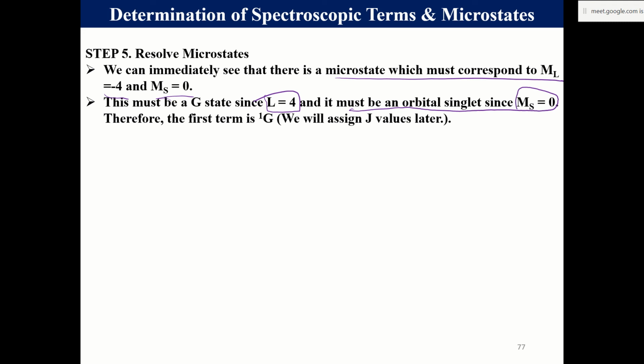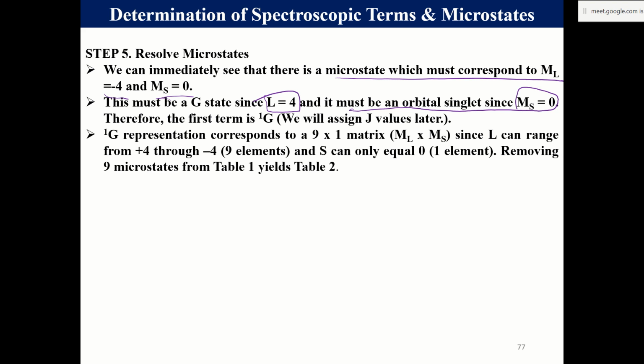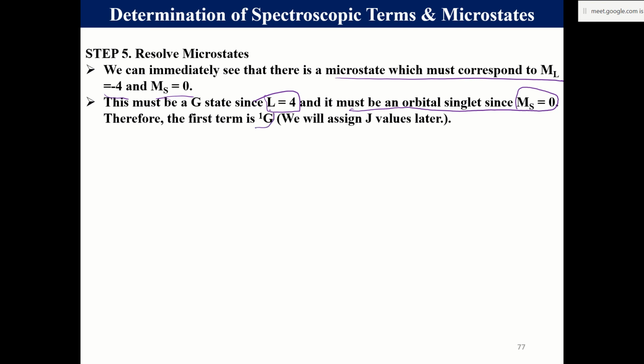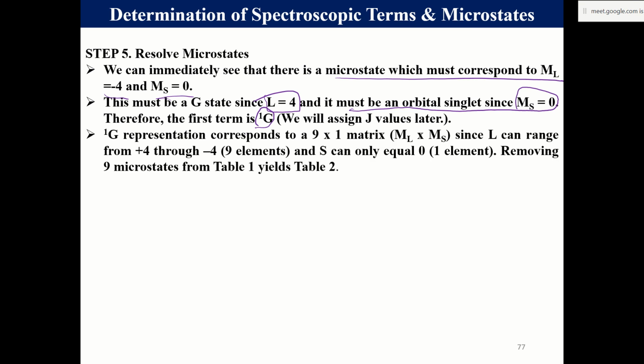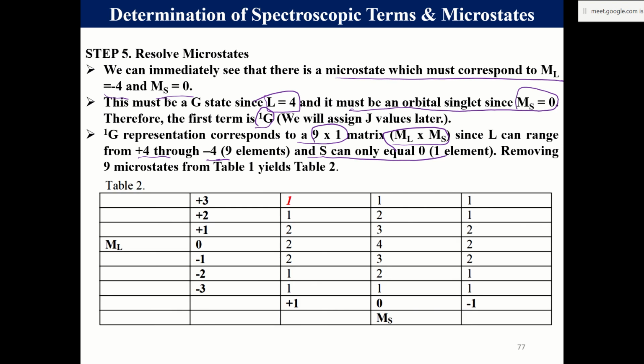So we assign this 1G, with the 1 as a superscript representing the multiplicity, and you will get the 1G representation as a 9 by 1 matrix, ml by ms, and you can arrange the range from plus 4 to minus 4. Yes, so the same thing we are arriving at in a different way already.